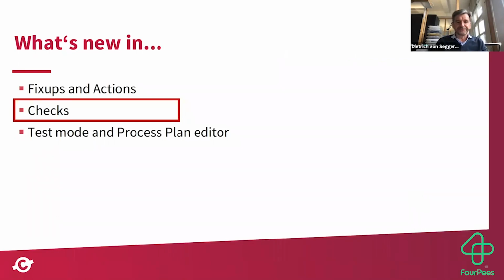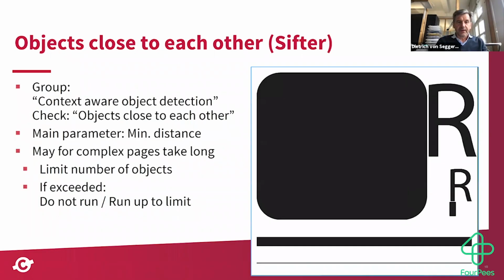Now checks. Objects close to each other. That was also already in 12.1, so it's already in the current release. And that is for print processes where you can't process objects that are too close to each other.